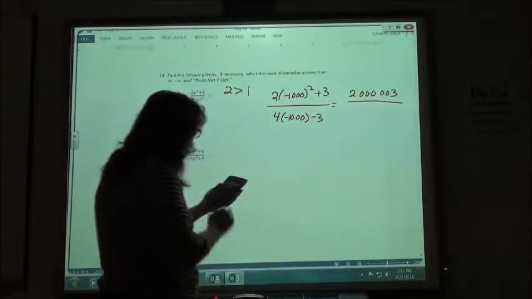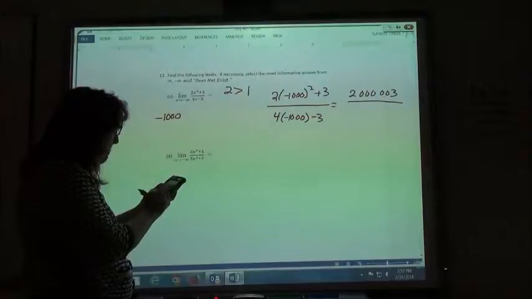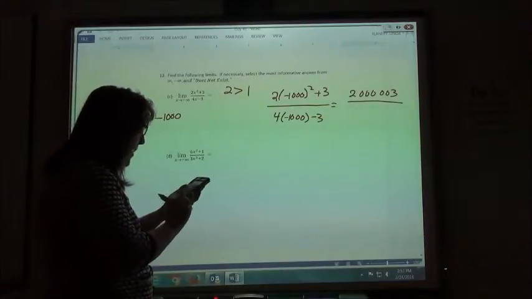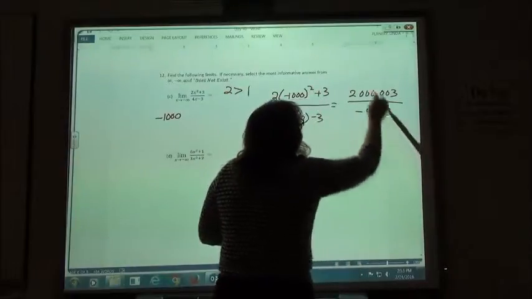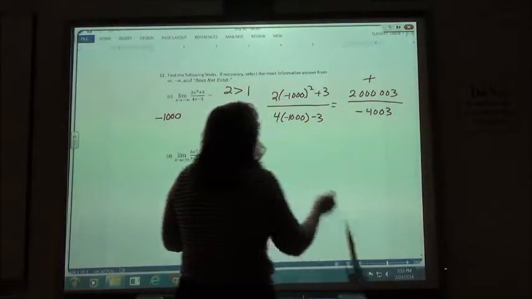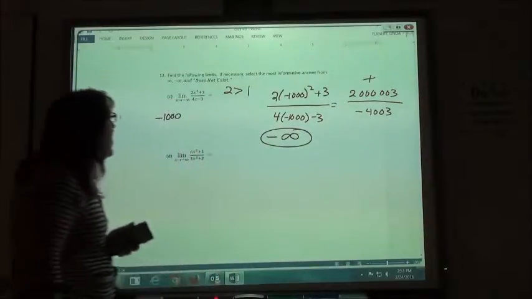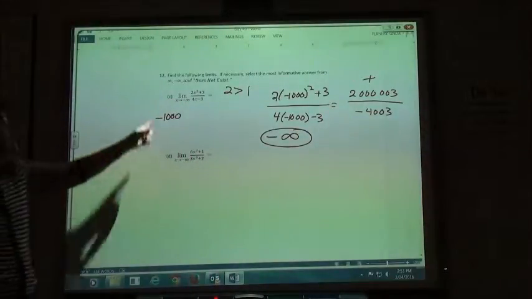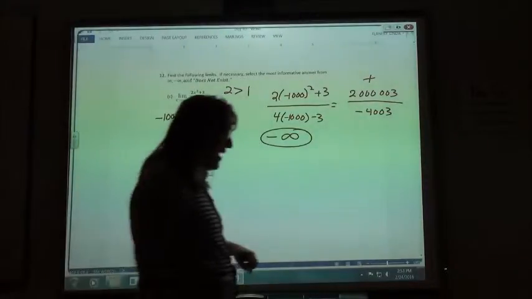It's a positive number. On the bottom, 4 times negative 1,000 minus 3 is a negative number, negative 4,003. A positive divided by a negative is a negative, and so I know that it's going to approach negative infinity as x approaches negative infinity. My graph is also going to approach negative infinity.